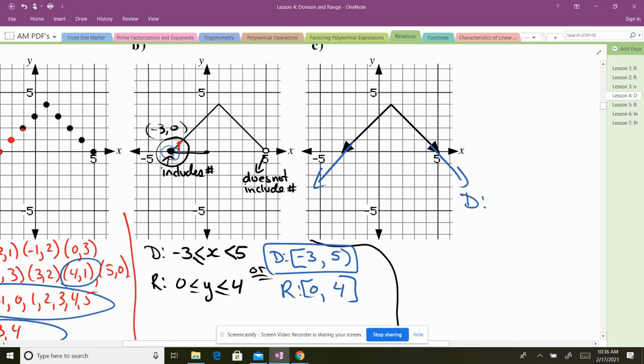So if I ask for the domain, it is all numbers, right? It never stops. So if it's all numbers, you say x ∈ ℝ, which means all real numbers.